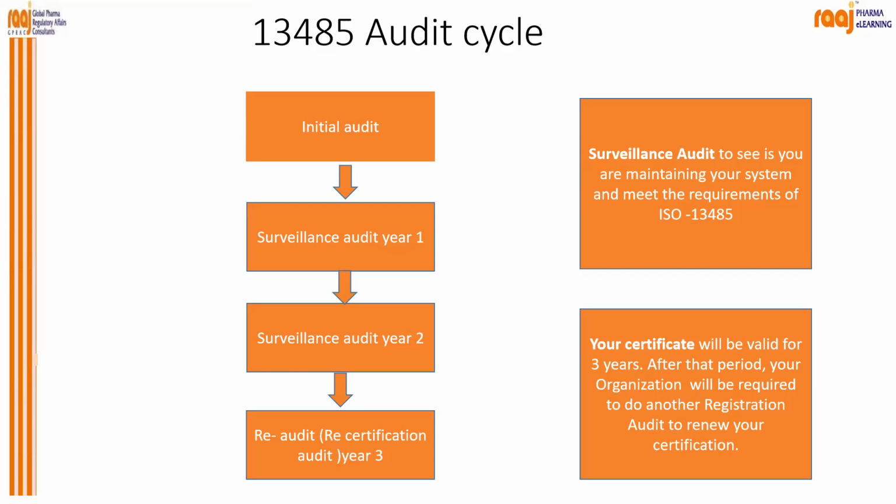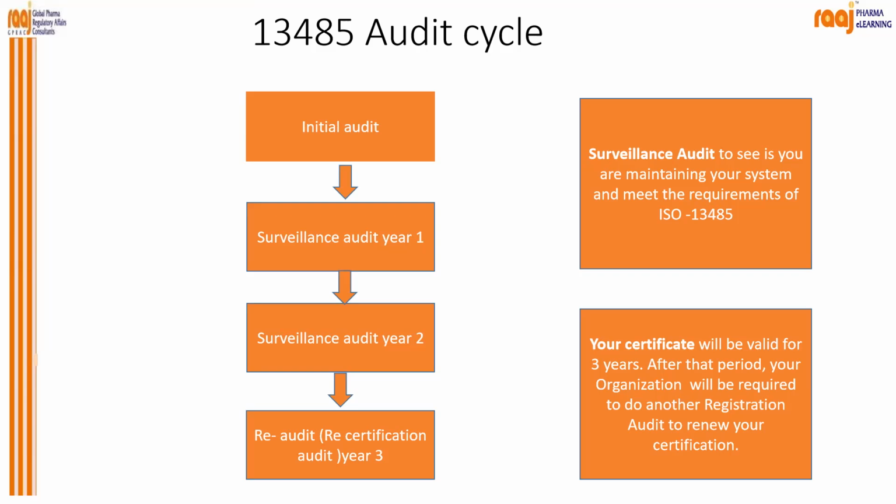In the stage 2 audit, they will come and see through all the documents and records. Stage 2 audit is very important, as your certificate will be awarded based on it. If you get any NC, they give 1 to 2 months to rework on the NC.